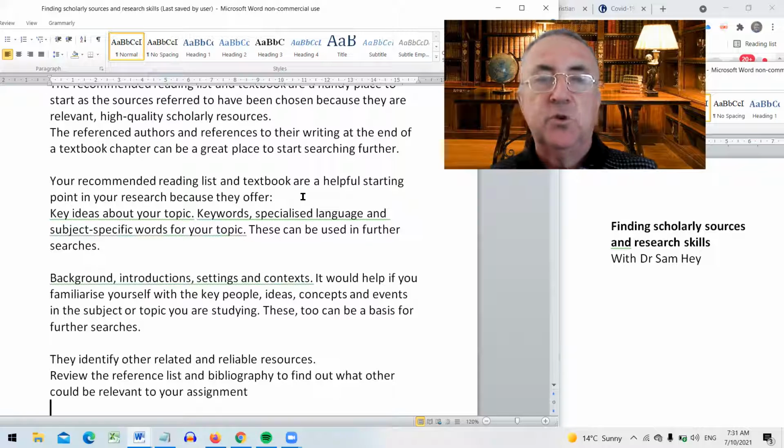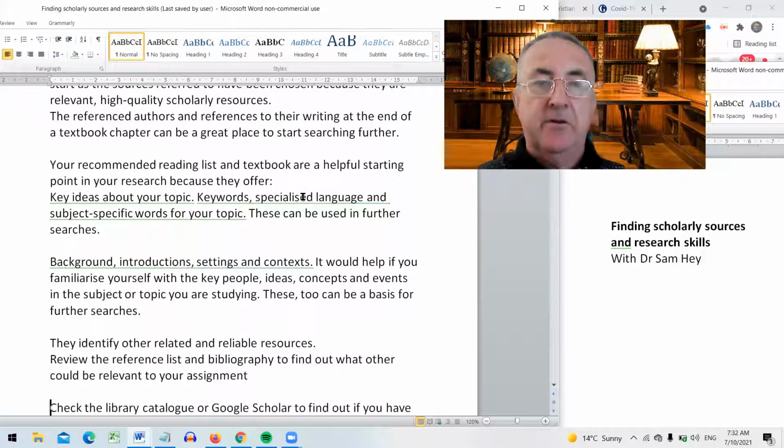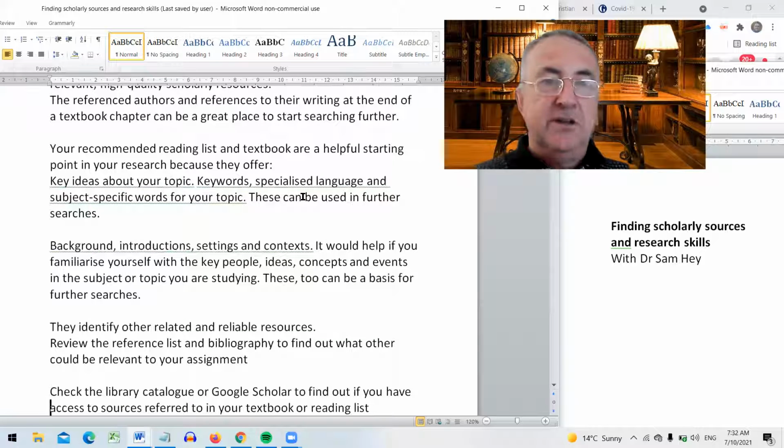Remember, the referenced authors and references to their writing at the end of each chapter or at the end of each lesson will give you areas to start searching further, but you need to keep focused on the topic area that you are looking at and not to explore other areas of interest too much. You can leave that for another day.